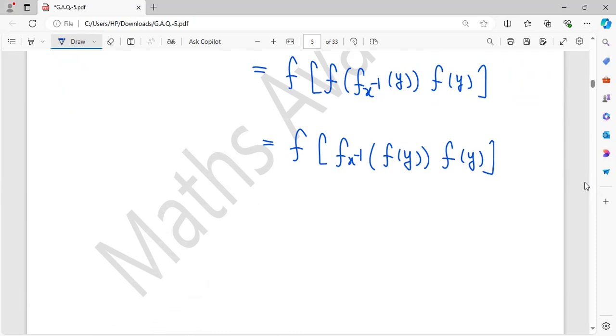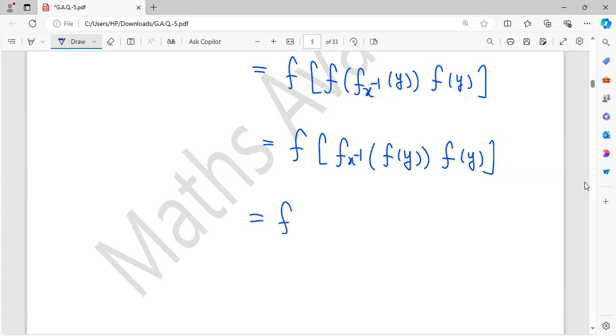Because f commutes with inner automorphism, I can write like that. So open this now.